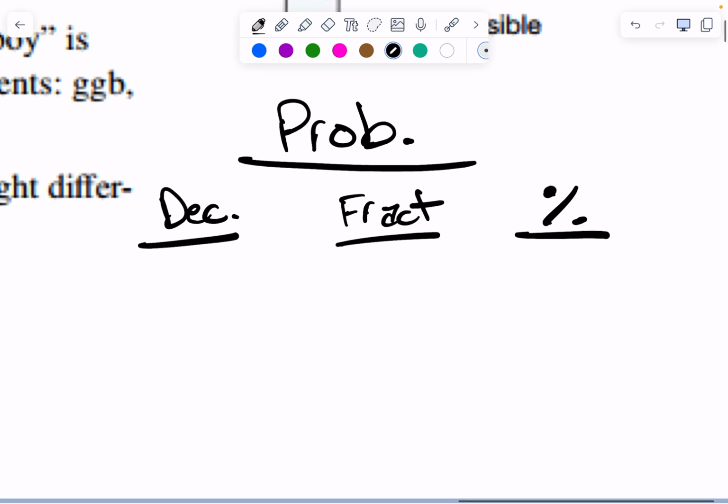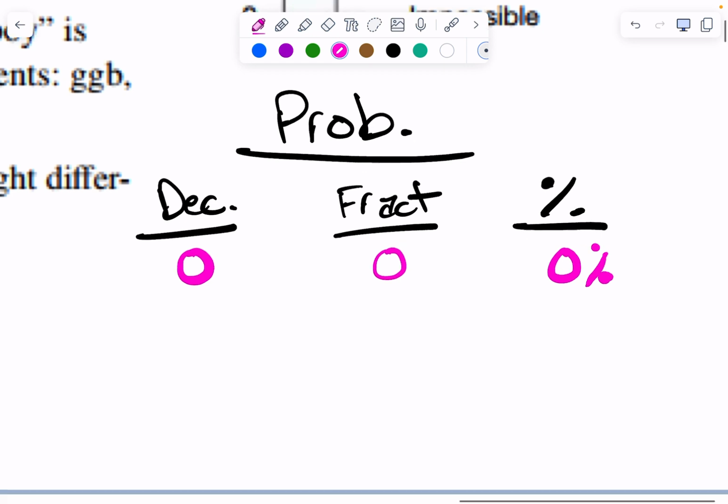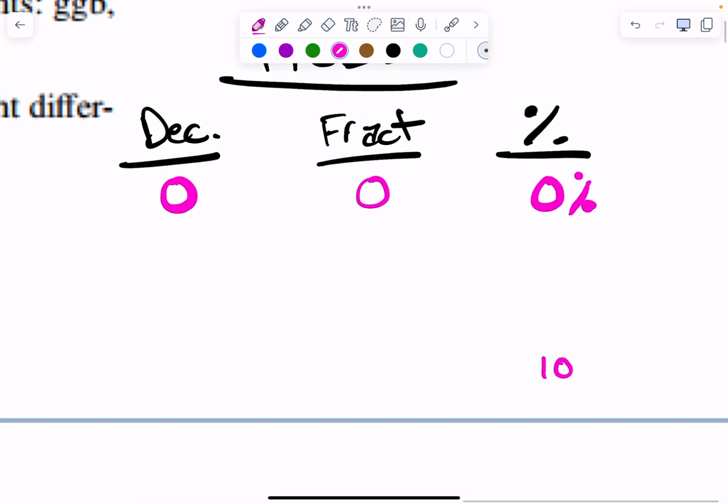All right, what's the lowest probability that you can get? 0%, right? 0% as a fraction is 0. 0 as a decimal is 0. Okay? What's the highest probability that you could get? 100%, right? 100% as a fraction could be like 3 over 3 or 1 over 1 or 100 over 100, right?